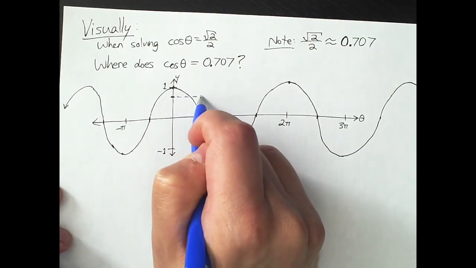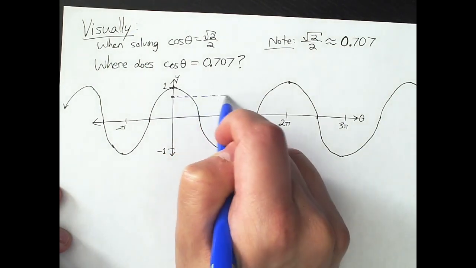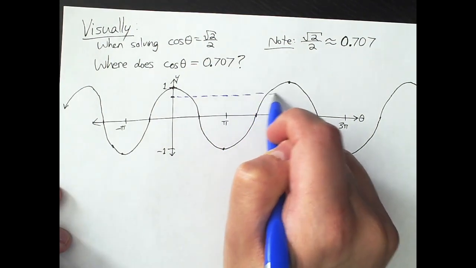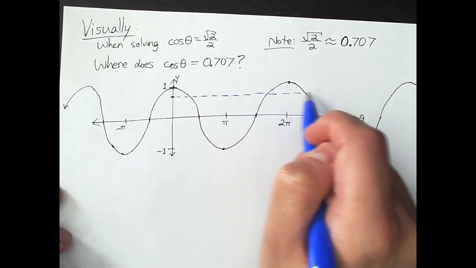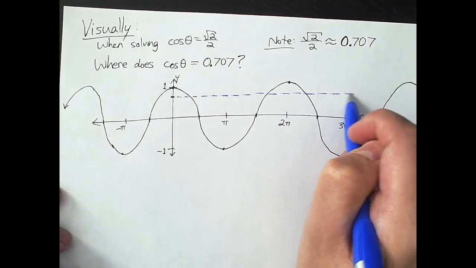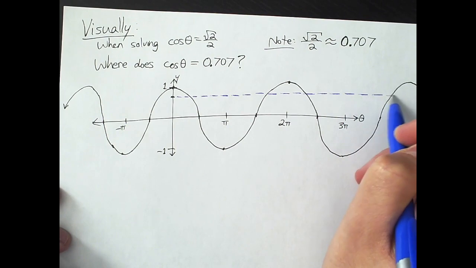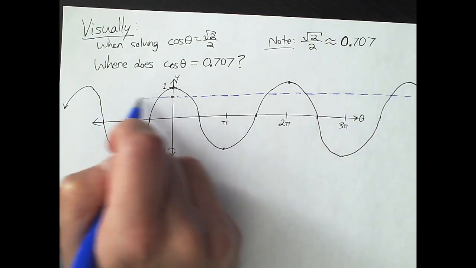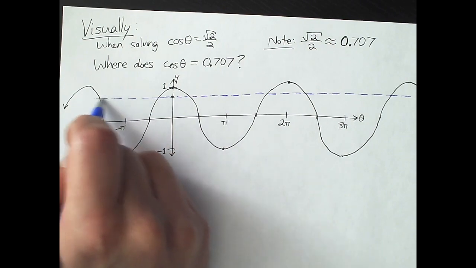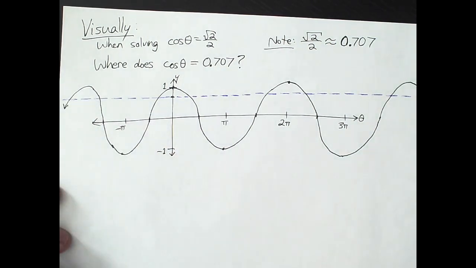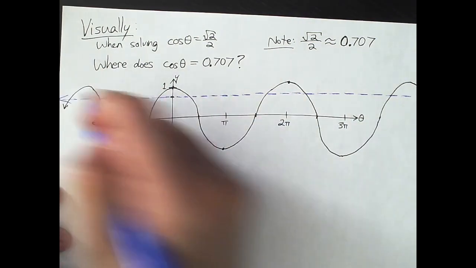Sometimes in math, we draw dashed lines as a sort of guide. It doesn't always mean that it's an asymptote. I just want to see the height, 0.7 is about here. It keeps going. I'll draw arrows on it.